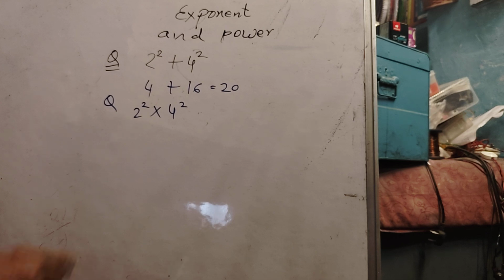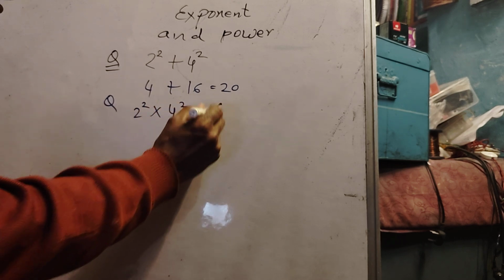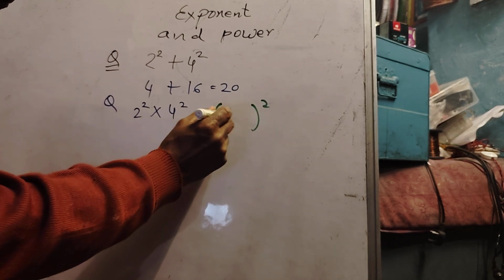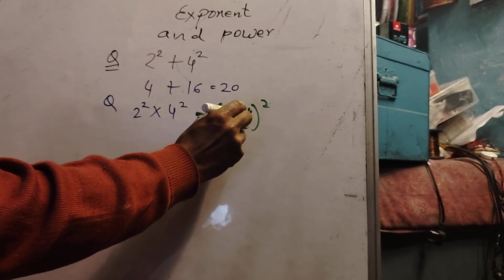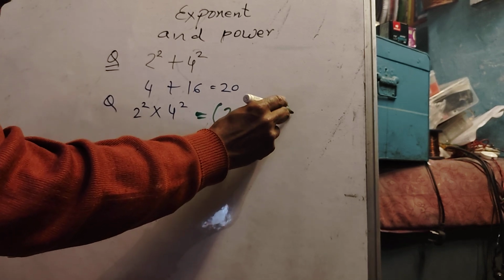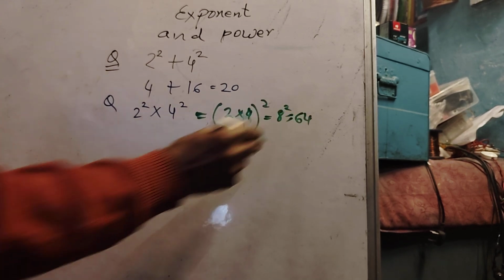In that case there are two methods. 2 square into 4 square: 8 power 2, we can write the power common. 8 power 2 is 64.